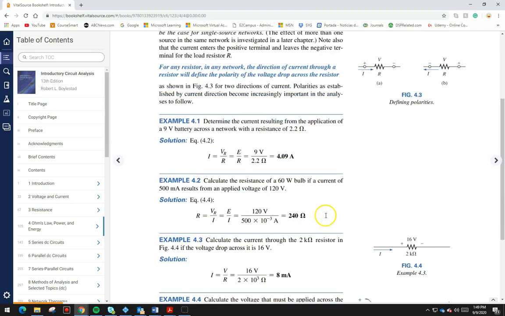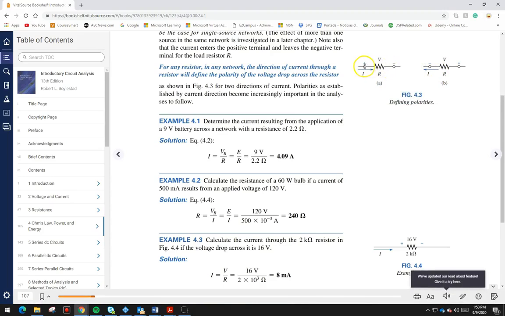So, for example, given in this figure, you have a resistance and two points connected to the resistance. In the first case, you have the positive of the voltage source connected on the left-hand side, and the negative connected on the right-hand side.